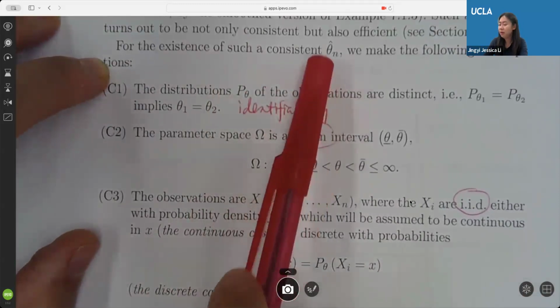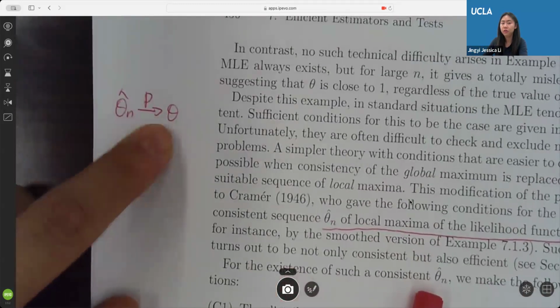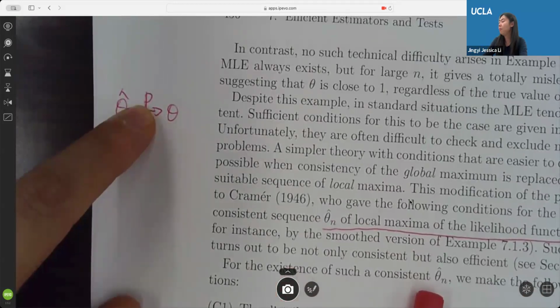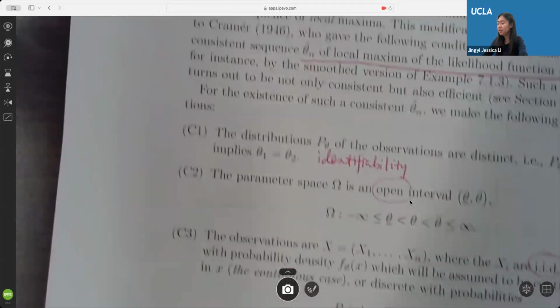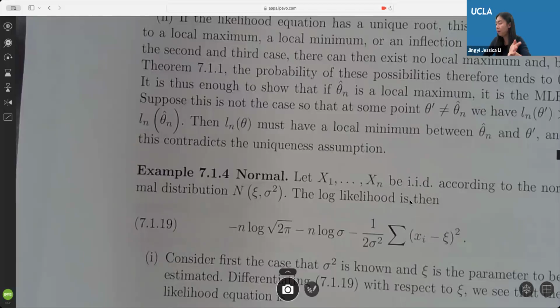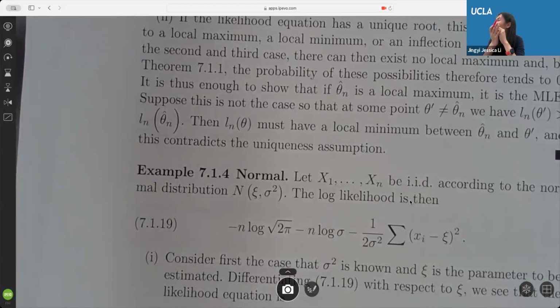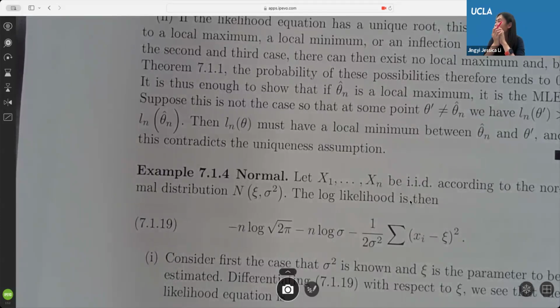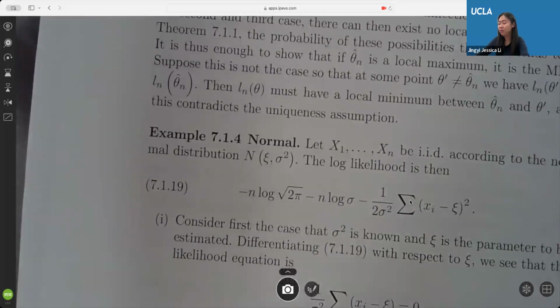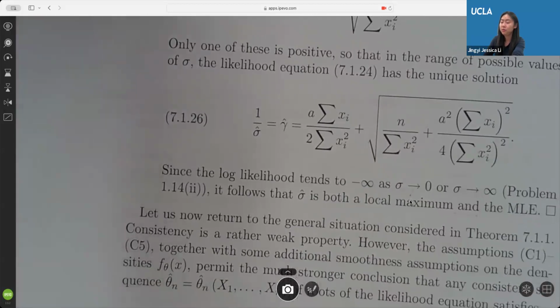In other words, the MLE will converge to your true parameter theta in probability. But consistency is good to know, it's a good property, but it's not useful for us to get a confidence interval for our true parameter. But asymptotic normality can be useful.